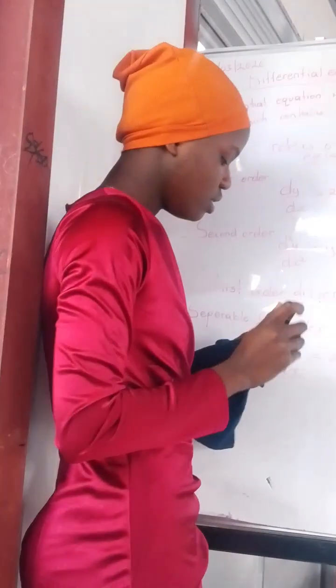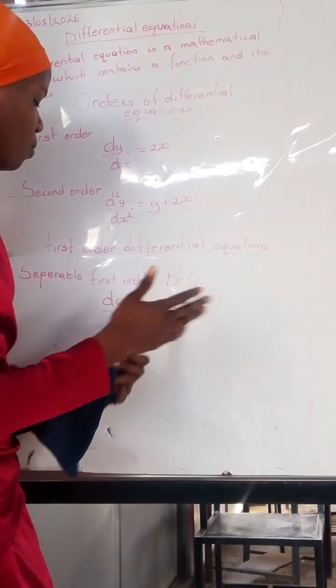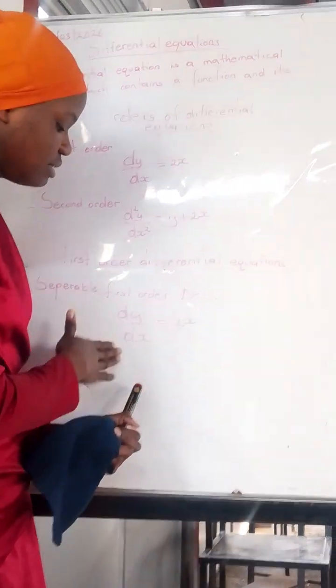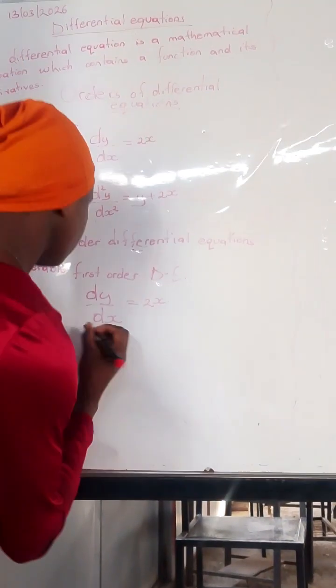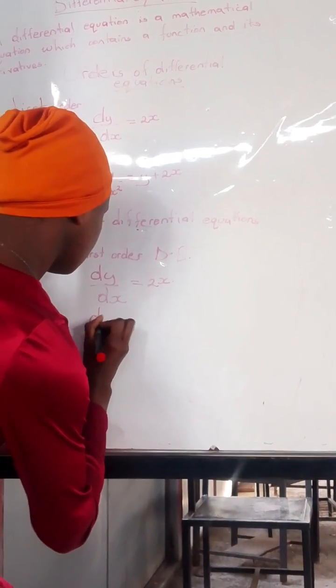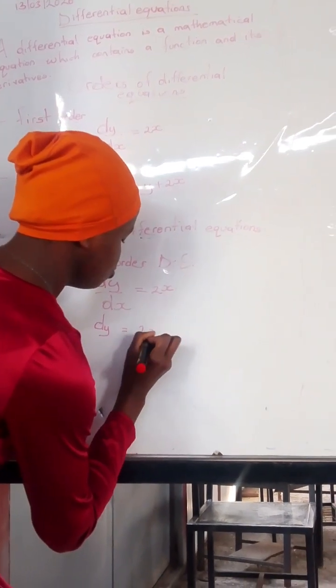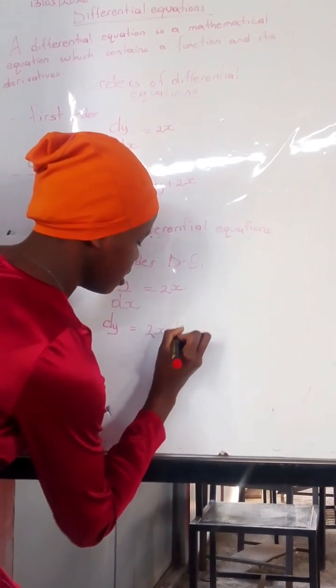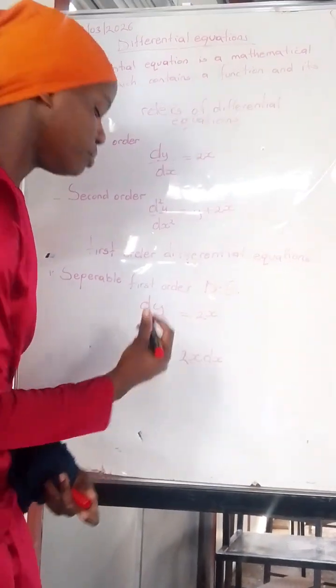y variables this side and x variables this side. So we are going to have dy equaling 2x dx. Now you see we've separated the variables.